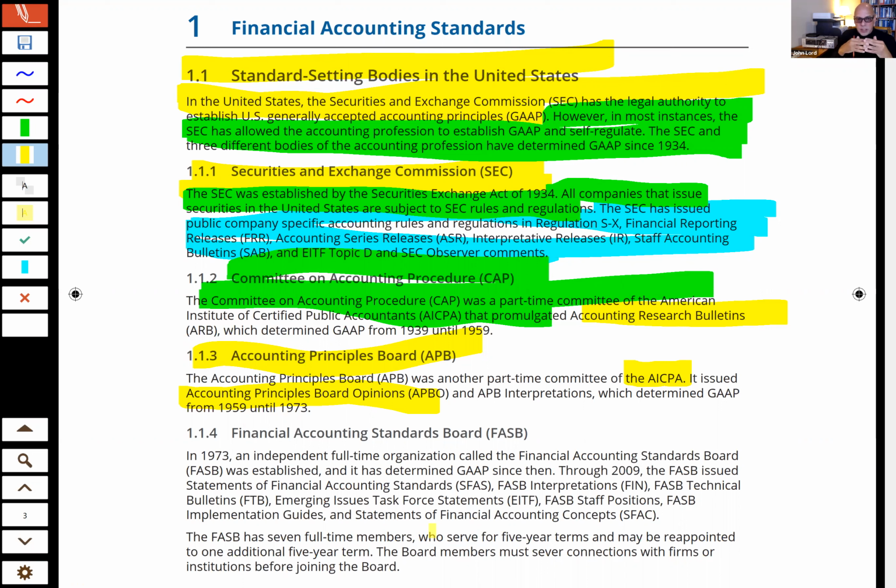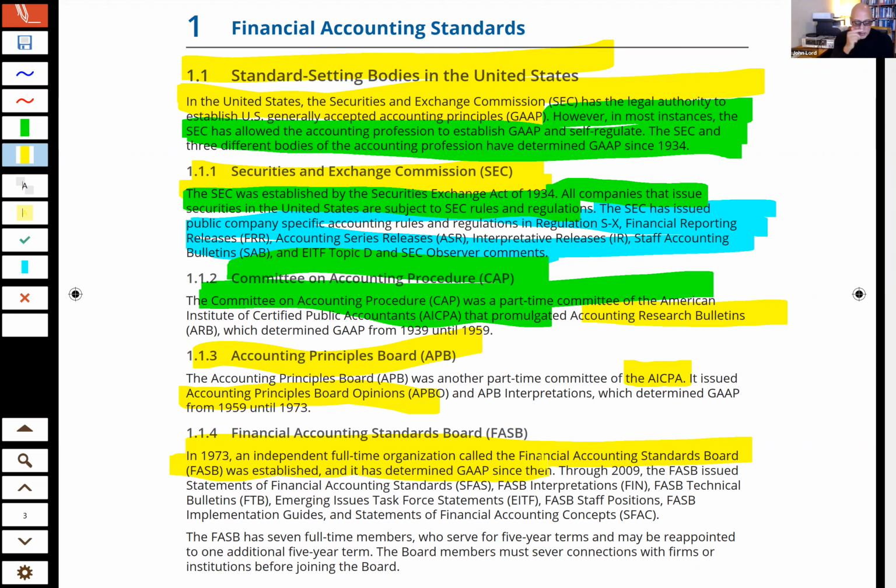The AICPA should not be issuing accounting standards. So they recommended the establishment of a private, not-for-profit organization called the Financial Accounting Standards Board, and that created the FASB.